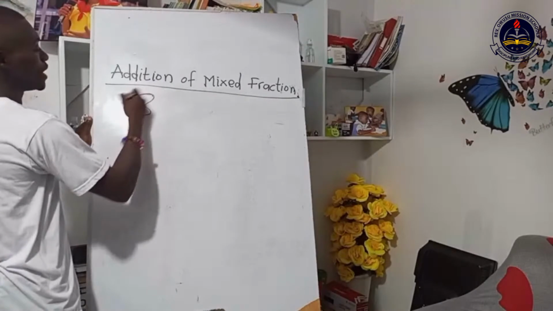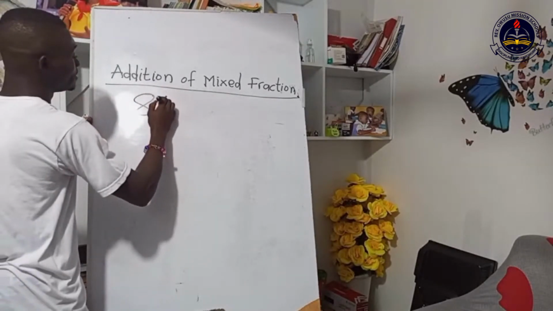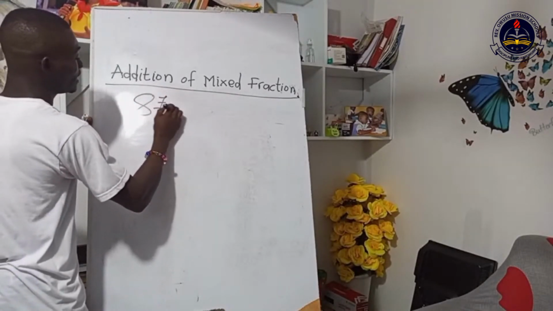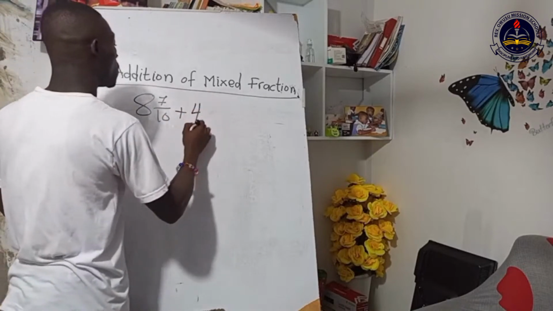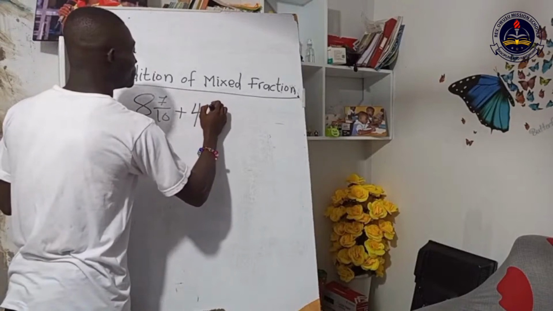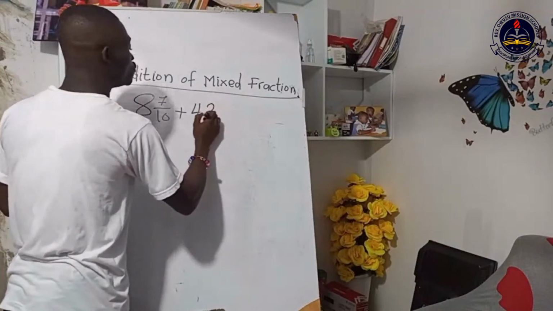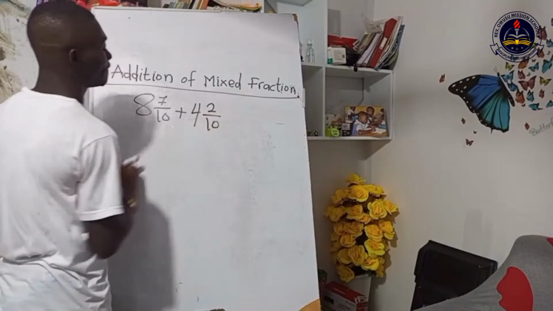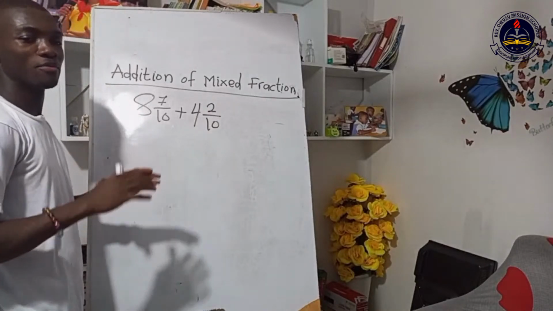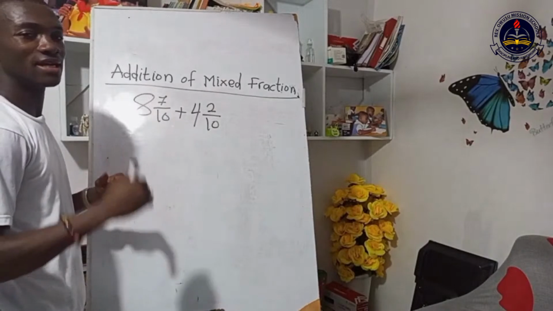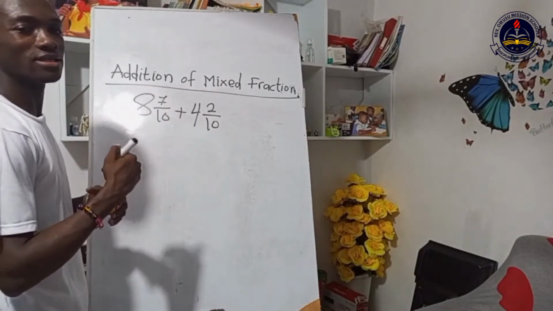7 over 10 plus 4 whole number 2 over 10. You go through the same procedure, the same steps, and then we land on the answer.